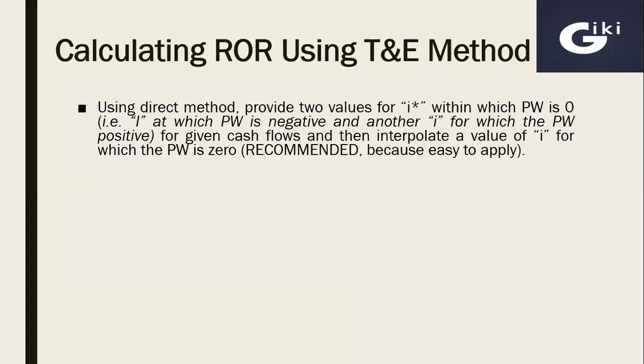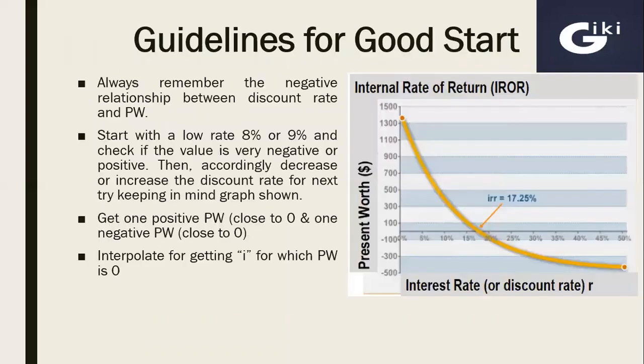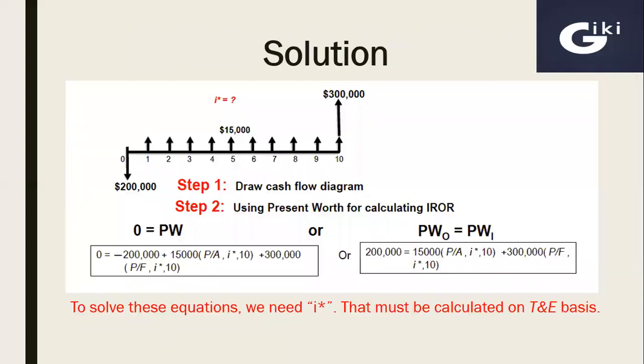This method is recommended because this is easy to apply. You will see the difference between both methods. So present worth is equal to 0. 0 is equal to minus 200,000 plus 15,000 P over A factor with unknown rate of interest in 10 years and 300,000 P over F factor for unknown rate of interest in 10 years. This is the equation that we set up earlier here in this slide. So we are using this equation.